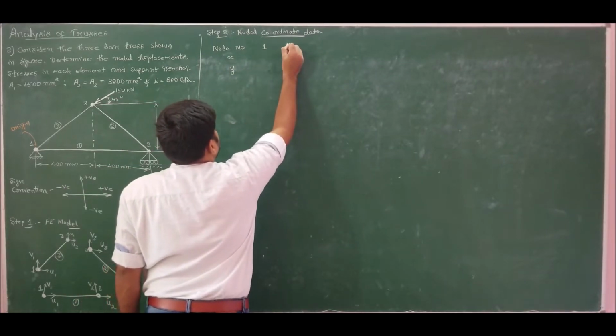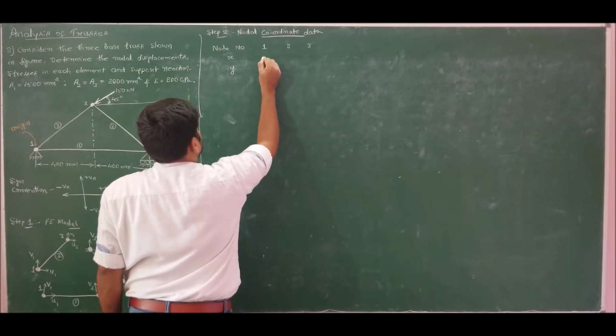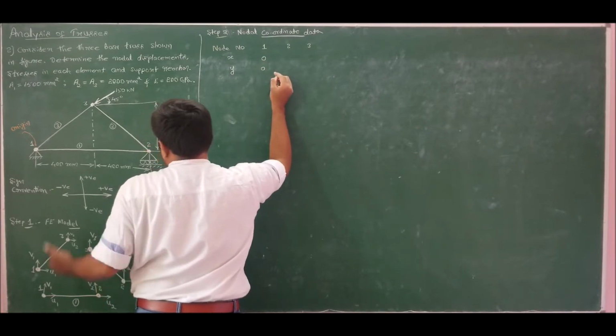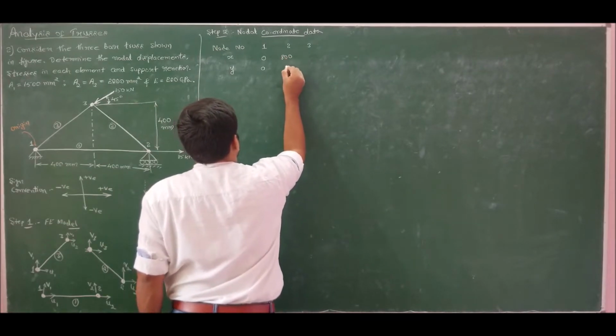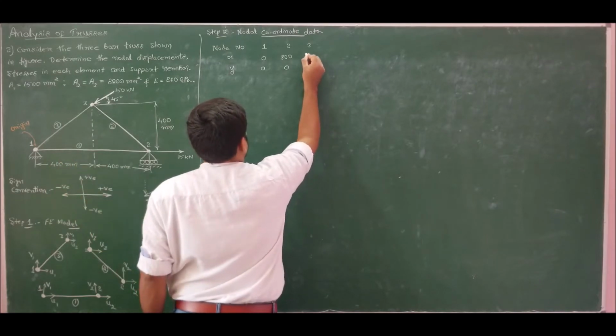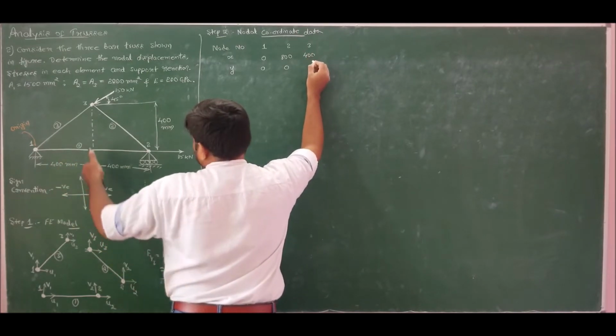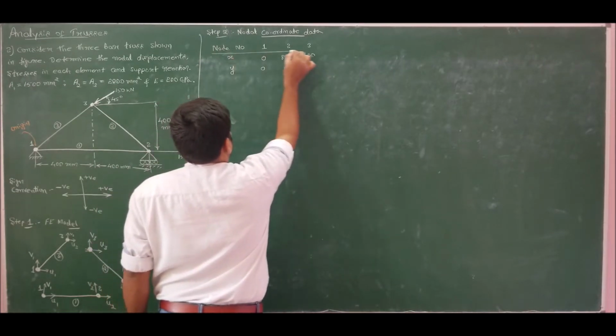There are 3 nodes, 1, 2 and 3. Node number 1 itself is the origin, so therefore x1, y1 are 0. At node number 2, the distance x is 800 mm, distance y is 0. At node number 3, distance x is 400 and distance y is also 400. So this is about nodal coordinates.